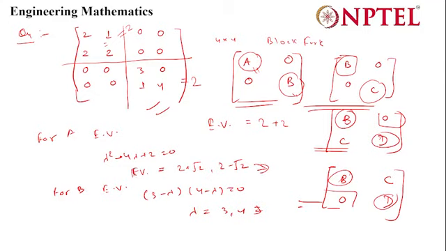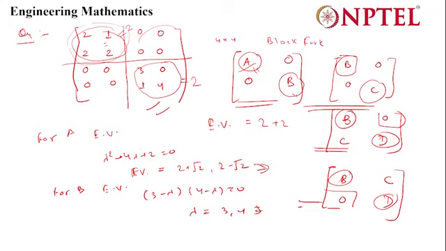See, what I told you is, if your matrix is in this form, that if in any corners there are 0s, then you can convert your matrix into any of these forms. So this matrix we can write as A 0, 0 B. This will be your A matrix and this will be your B matrix, and this is 0, this is 0. The eigenvalues of A you can calculate easily because it is a 2 cross 2 matrix. So what I did here was calculate the eigenvalues of this 2 cross 2 matrix.